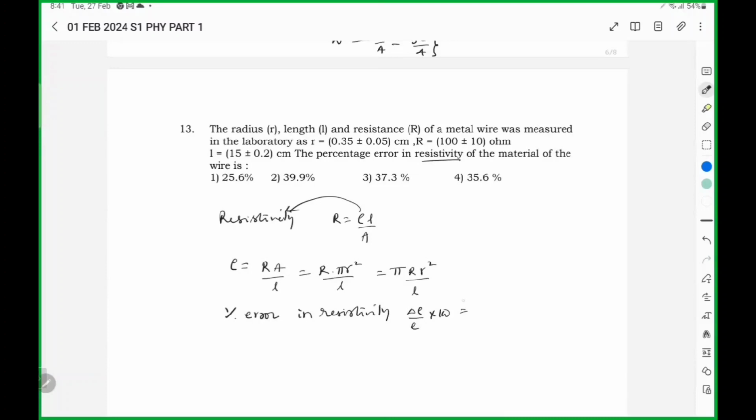Taking logarithms and differentiating, delta R by R into 100, plus 2 times delta r by r into 100. Actually here we take the maximum error, so plus 2 delta r by r into 100, plus delta L by L into 100.